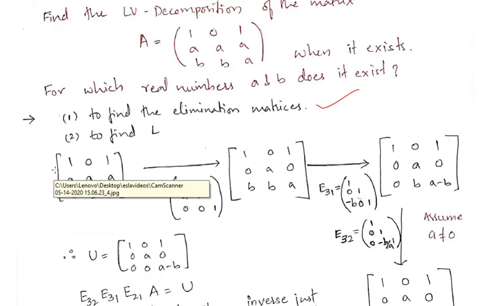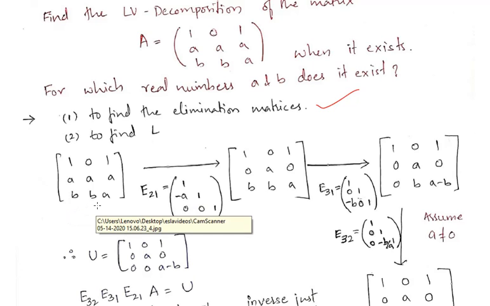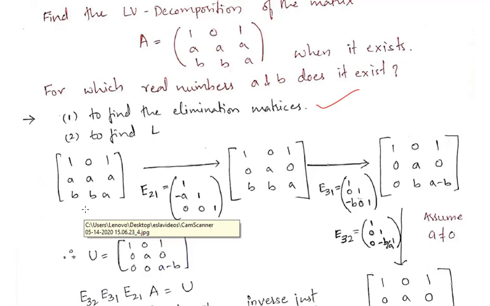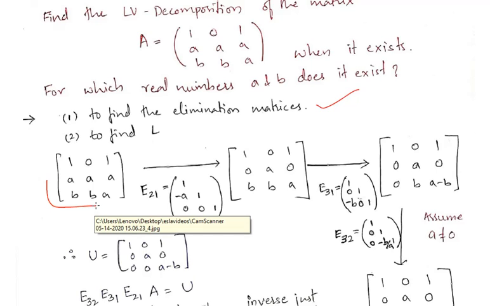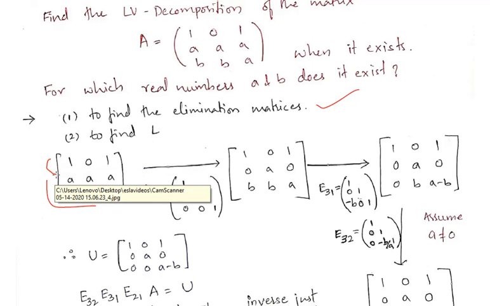So see here, our target is to convert this matrix to an upper triangular matrix. Upper triangular matrix means the elements below the diagonal should be made 0. How can we do this?